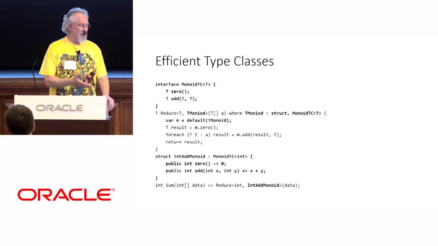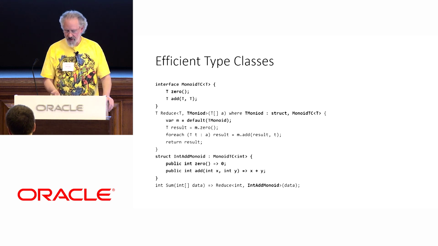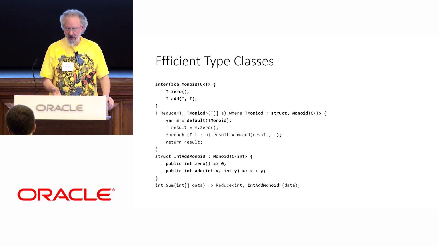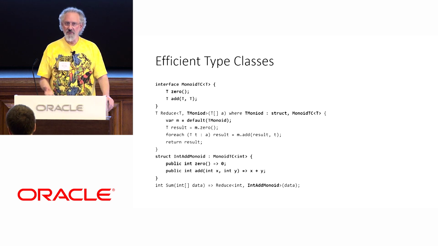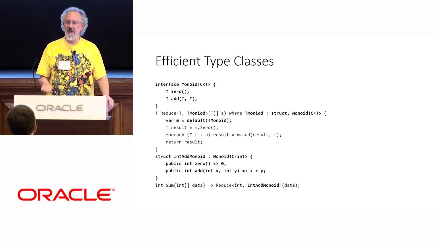And then when I finally call it at the end, I call sum. The sum method just calls reduce. But because it's passing a value type, int add monoid, as a type parameter, reduce is going to be specialized by the virtual machine so that at runtime we'll have a specialized implementation. M equals default T monoid disappears because there's nothing to do for that.